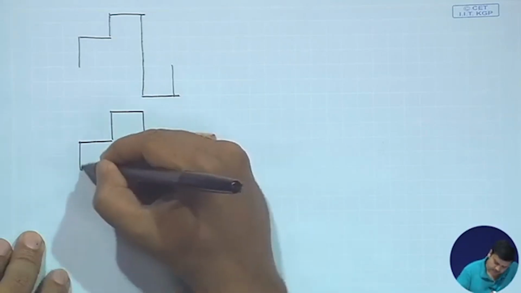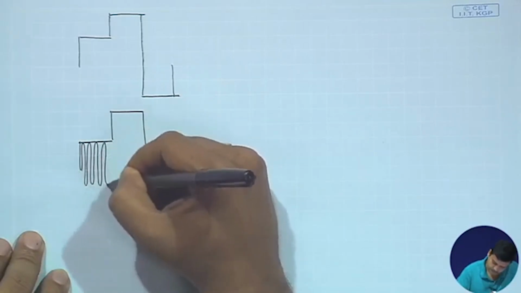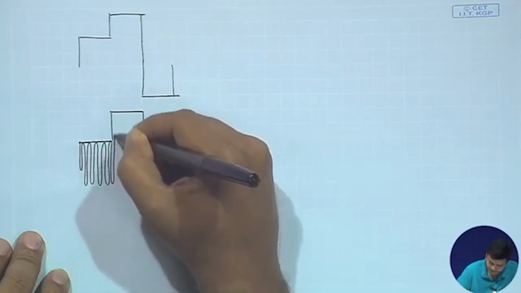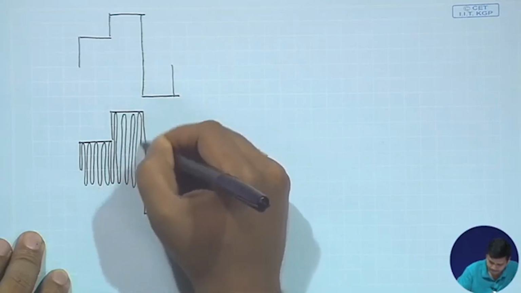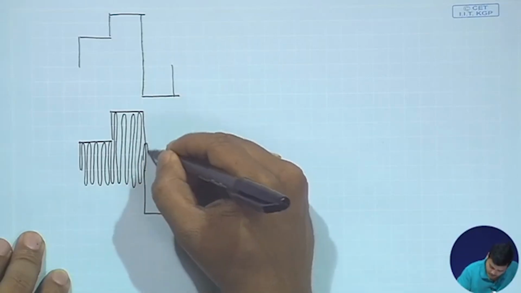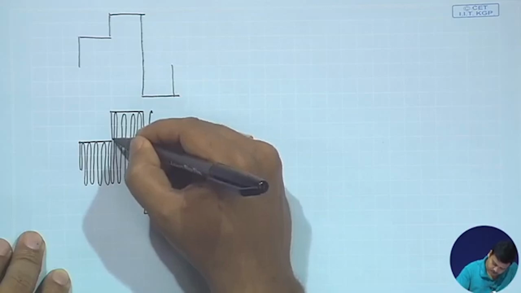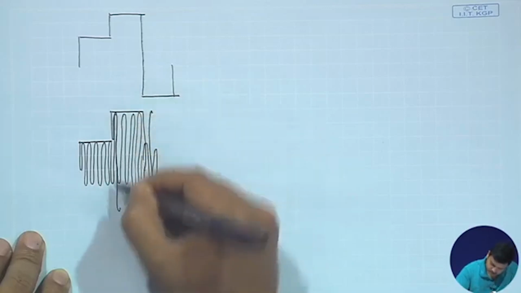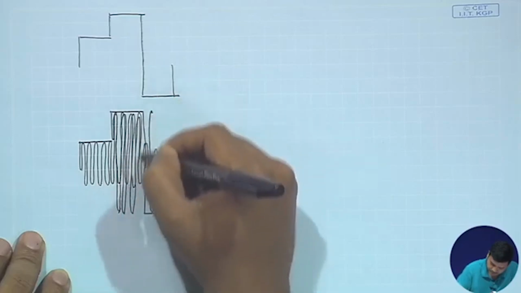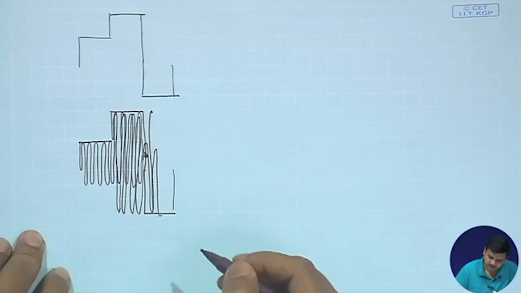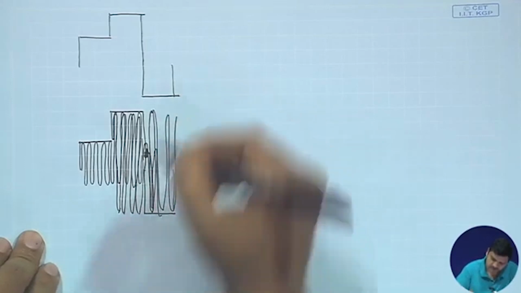So, if it is with carrier, I made a mistake here, this will go up till here, and here there will be a phase reversal, and after the phase reversal you are going to get this.